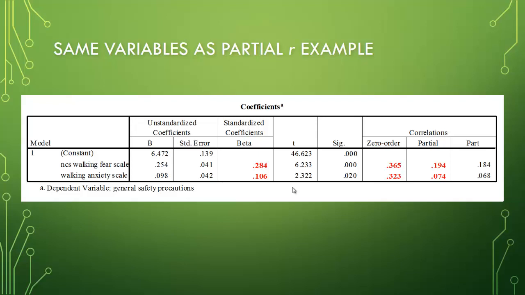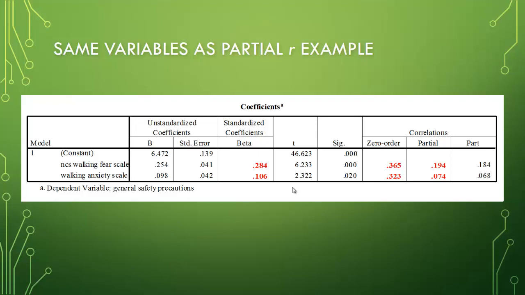So generally we would consider the fear variable the stronger predictor, or the better predictor in this case, because its standardized coefficient, or its beta value, is larger. Now if we look at the partial correlations, we see that 0.194 is a stronger relationship than 0.074.